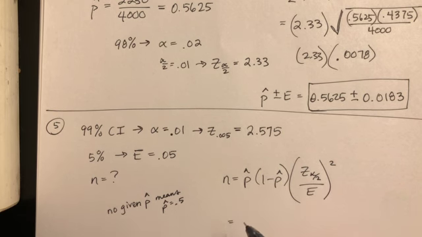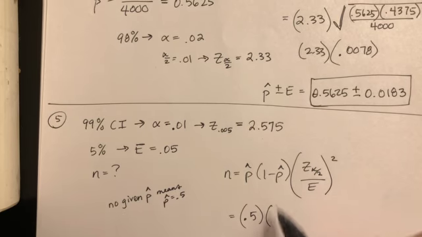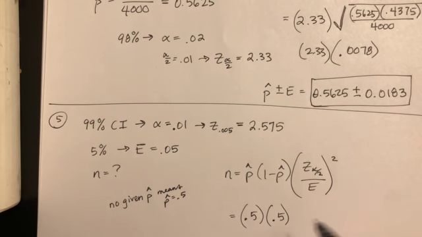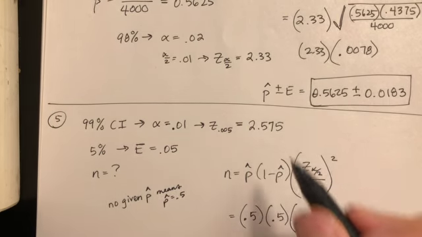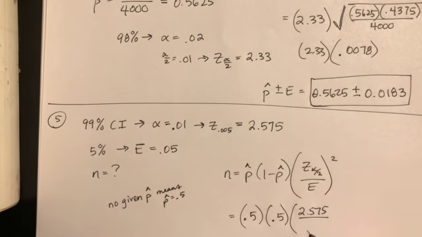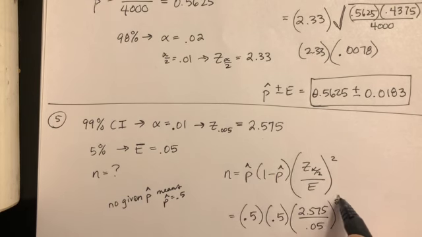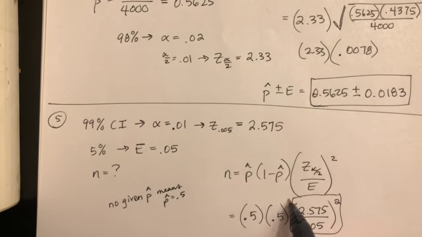So if we plug in 0.5 and then 1 minus 0.5, which is also 0.5, and then the z alpha over 2 is 2.575, and the e is 0.05, but we're going to square that. Don't forget to square this part first and then multiply these two. That's the order of operations.